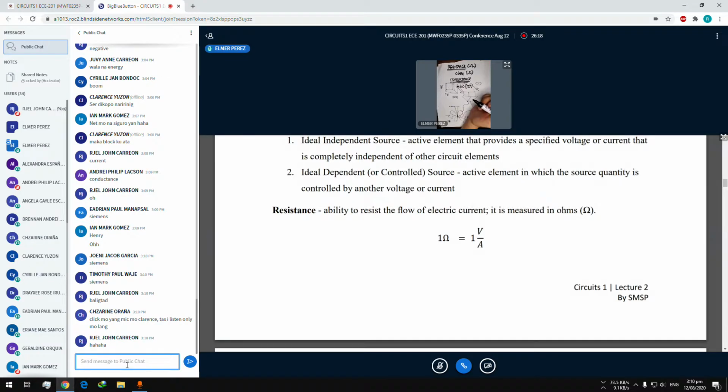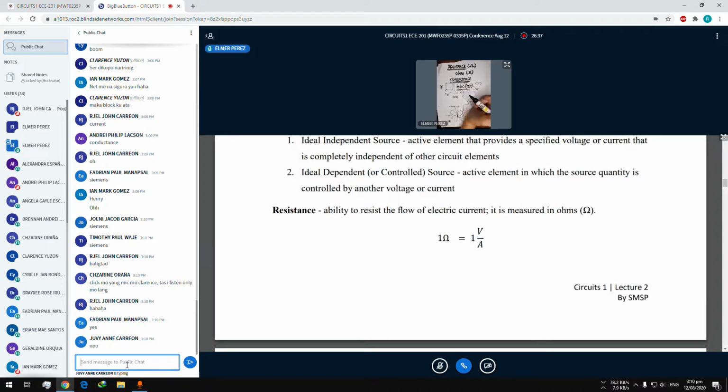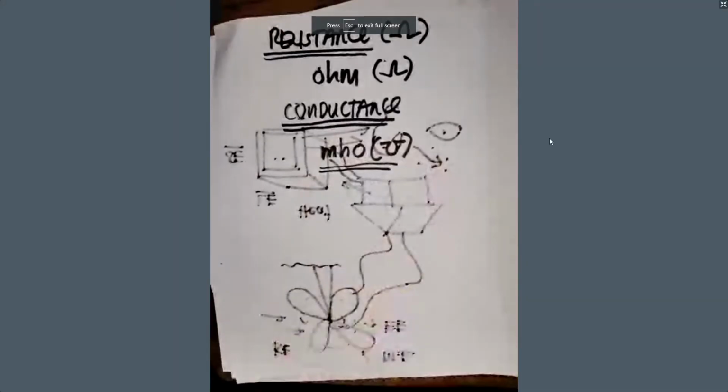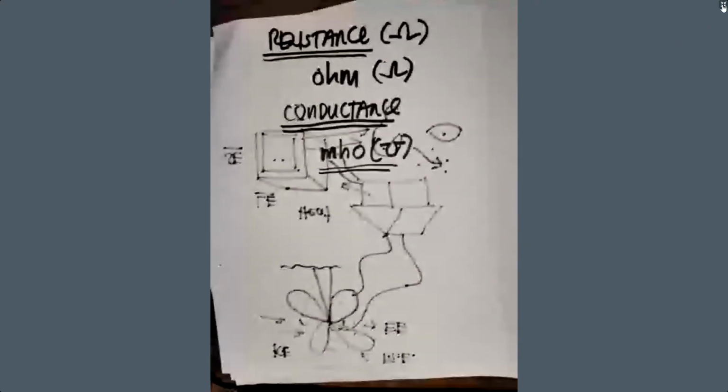Inductance comes later, so Henry is for inductors, which we don't have here yet. So this is more on the conductance side.